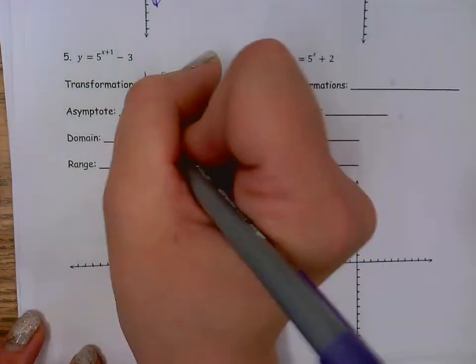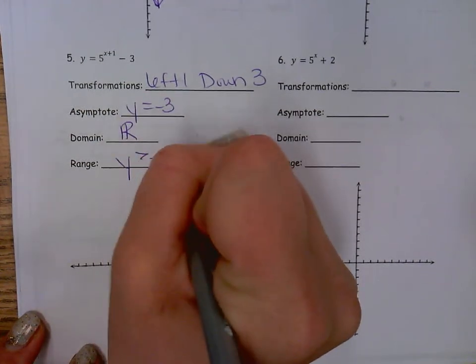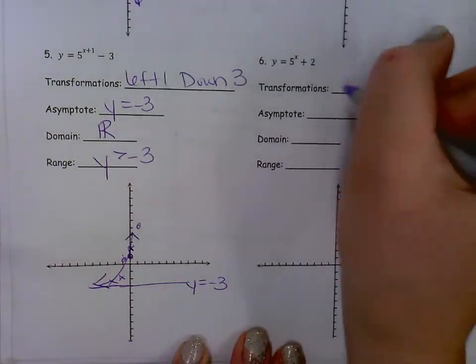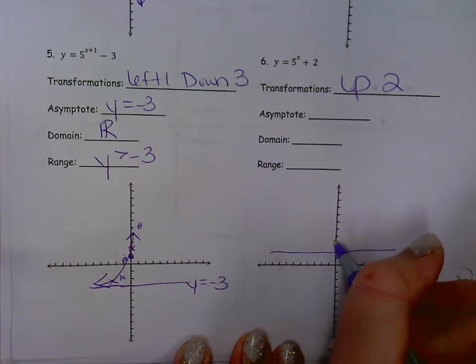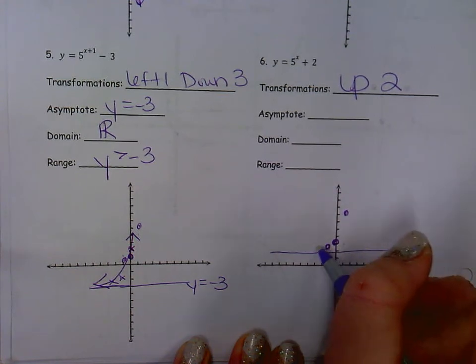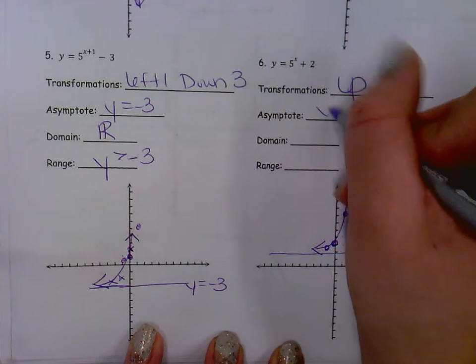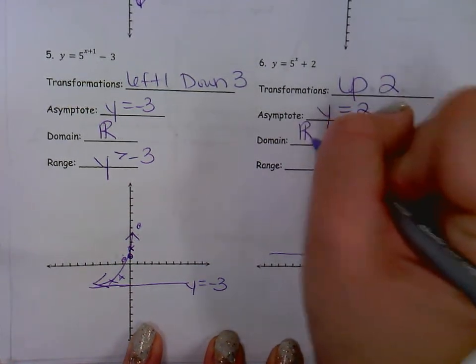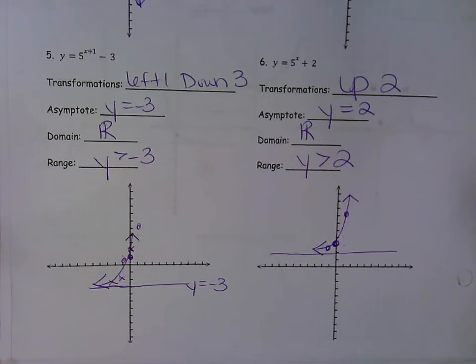My asymptote should have been at -3, all real numbers, y is greater than -3. This would be up 2. 1, 2, 3, 4, 5. So y equals 2, all real numbers, y is greater than 2. So that way your graph should be completed.